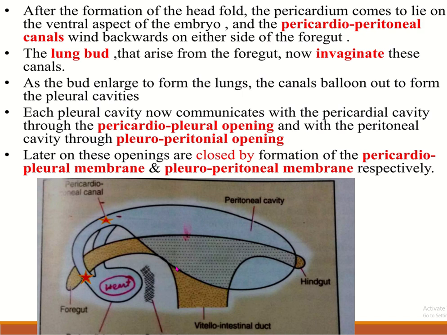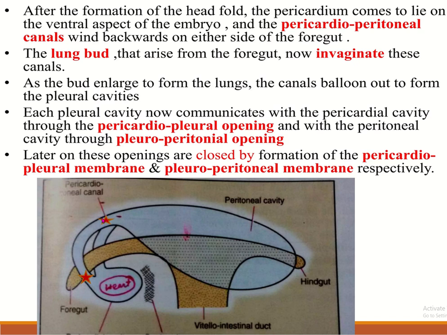So what happened? In the connection between the pericardium and future pleural sac, there are two openings present: the pericardio-pleural opening and the pleuro-peritoneal opening.